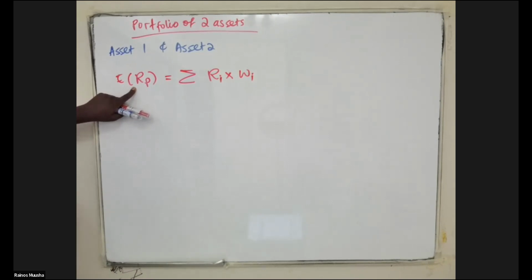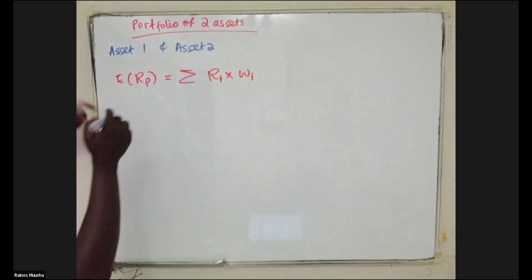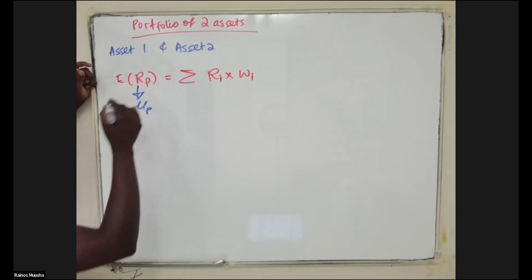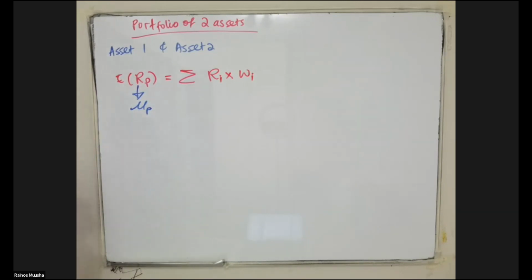The expected return of the portfolio, sometimes they refer to this as the mu of the portfolio. So if they say expected return of the portfolio, or you see that they represent it as mu of the portfolio, they're talking about one and the same thing.